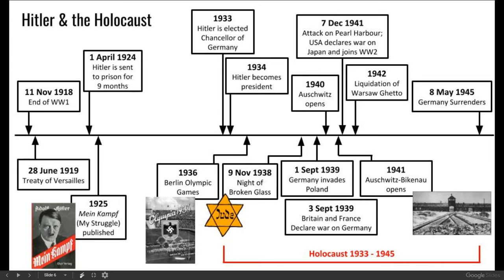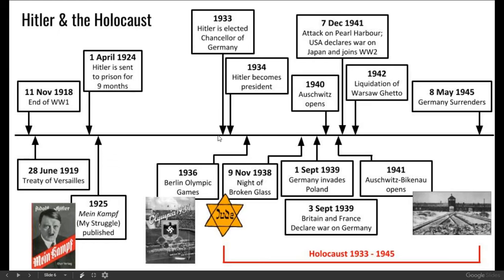Hitler ran for president and lost, and the current president or prime minister decided to elect him as a chancellor of Germany because he was hoping to unite his followers, so that he could get everyone on board to have a better cohesive government. So when Hitler became chancellor, he took out the current president, and he declared himself president in 1934.